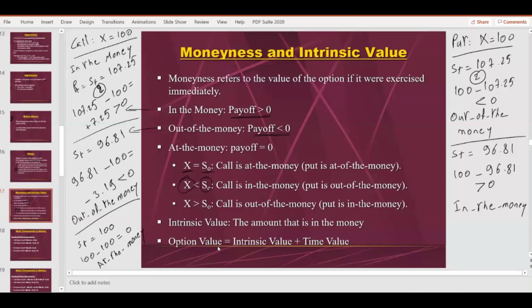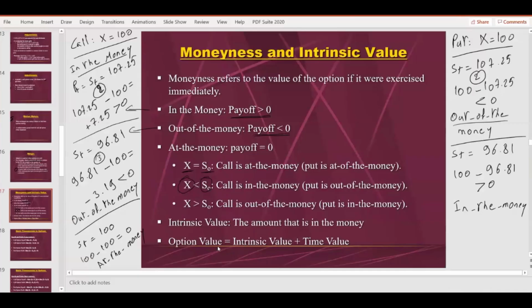In this case, the call is in the money, while the put is out of the money. So this is when X is less than S. Now, when X is greater than S, this is case number 3. You have S equals 96.81, less than 100. So in this case, the call is out of the money, and the put option is in the money.